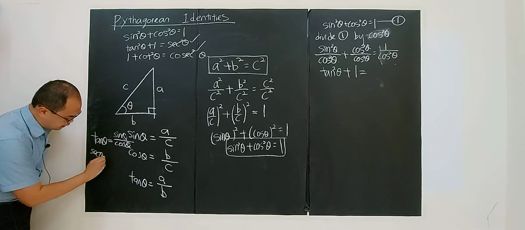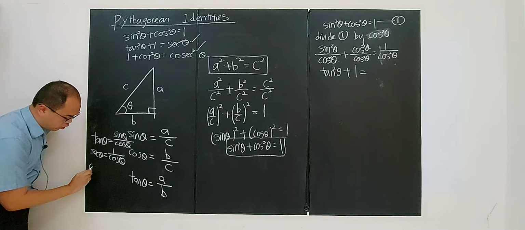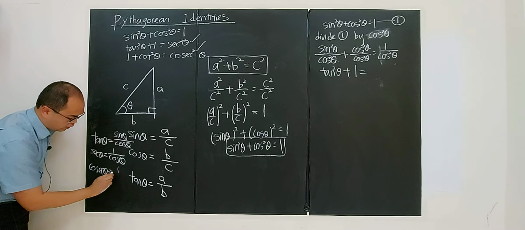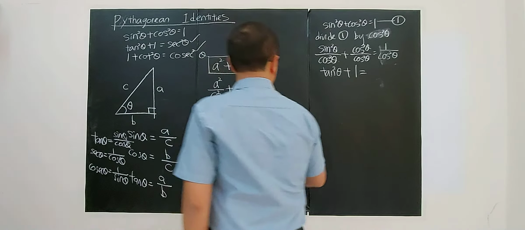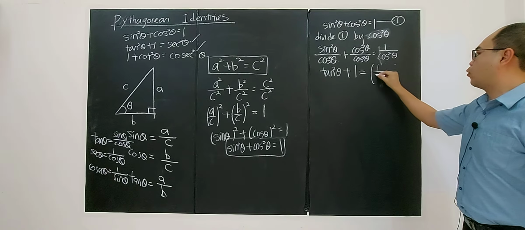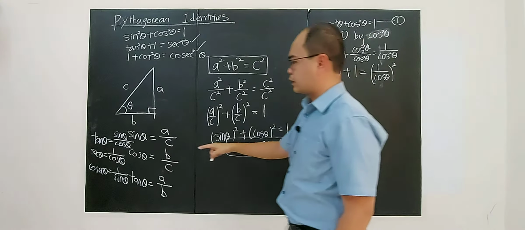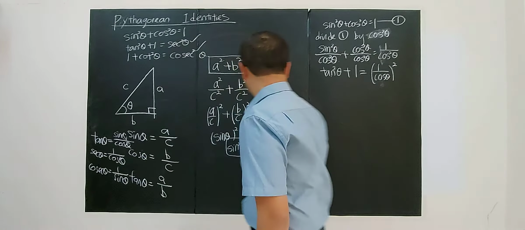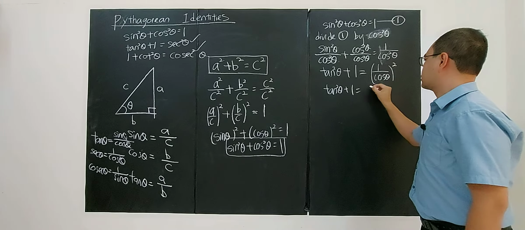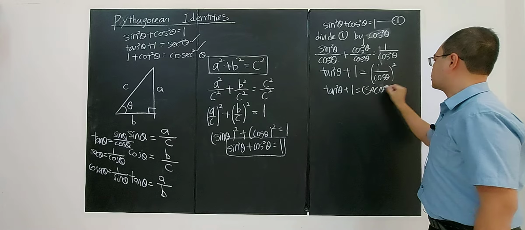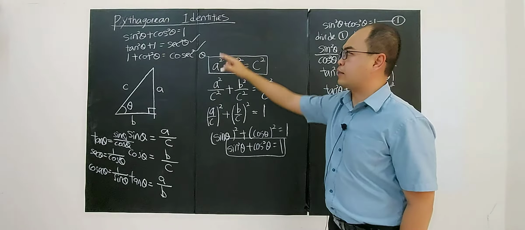Secant theta is 1 over cos theta, and cosecant theta is defined as 1 over sine theta. So 1 over cos theta is secant theta, and squared, it gives secant square theta. There comes the second identity.